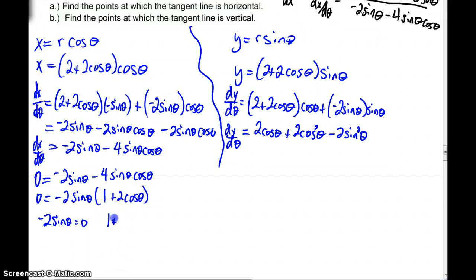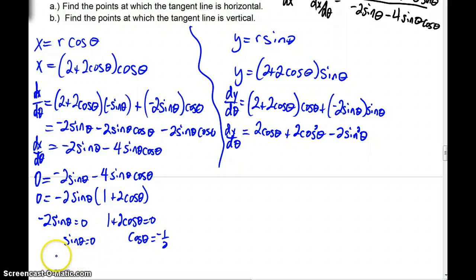And right here we get 1 plus 2 cosine of theta is equal to 0. This second equation that I just finished writing is cosine of theta is equal to negative 1/2. This would be equivalent to sine of theta is equal to 0. And let's solve, realizing trig functions are periodic, sine and cosine at least are periodic, about 0 to 2 pi.